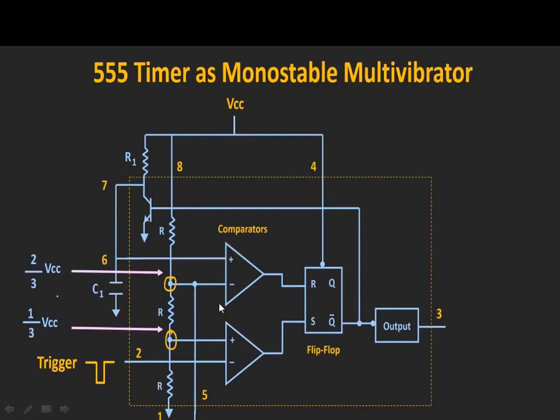With the help of these two comparators and a flip-flop, we decide the output of this monostable multivibrator. Initially, we assume that there is no charge across the capacitor, that is 0 volts, so the output is also at 0 volts.